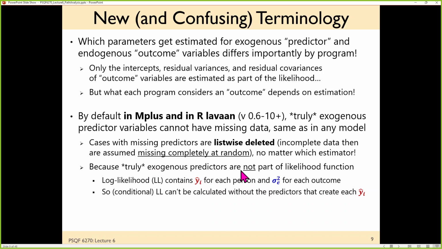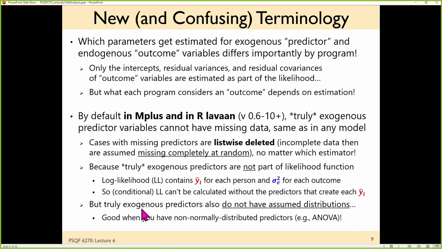Truly exogenous predictors are not part of the likelihood function, meaning their descriptive statistics are not things that have to get found. What we care about is Y after conditioning on X. But the good news is that predictors don't have assumptions then.